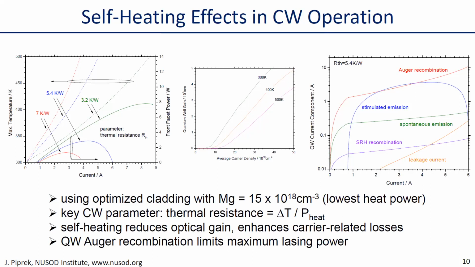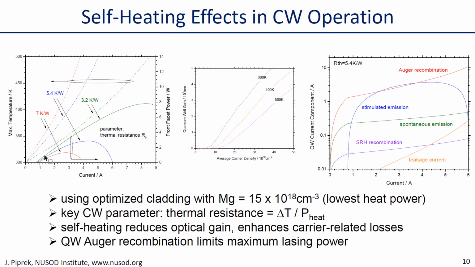And the key parameter for such operation is the thermal resistance. The thermal resistance is the internal temperature increase divided by the total heat power. And from the literature, I got good numbers, or best numbers, for the thermal resistance around 7 Kelvin per watt.